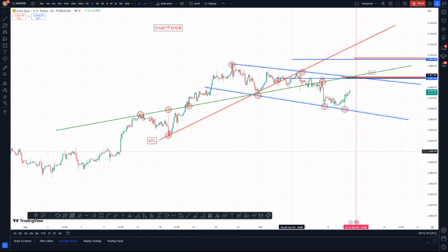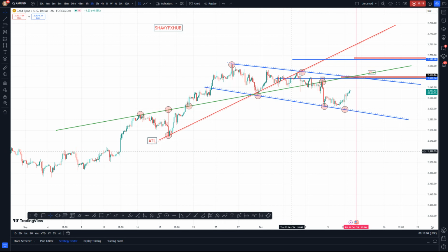We have the only allowed zone for a sell at the zone of 2,657.16. We have a double confluence at that zone. It could extend up to 2,660, even up to 2,662.